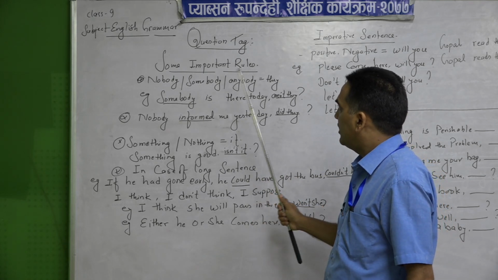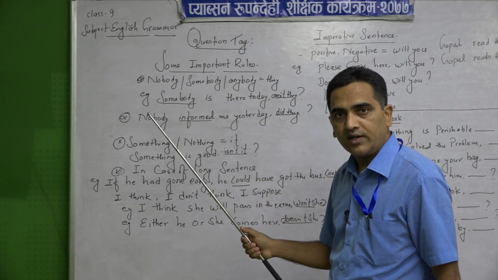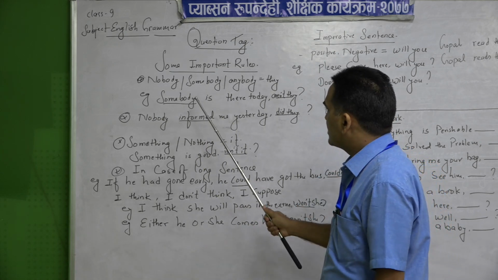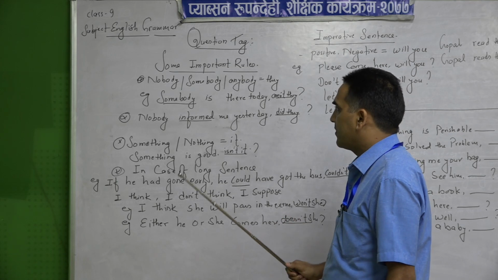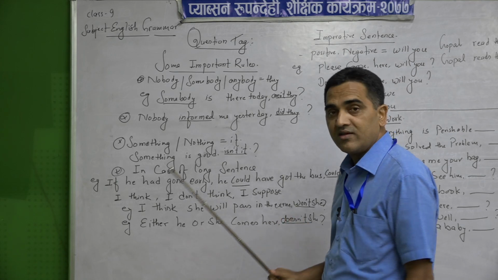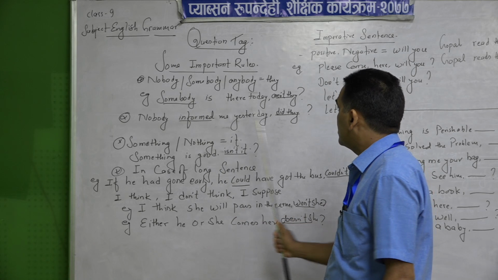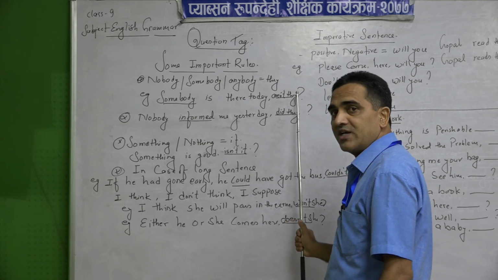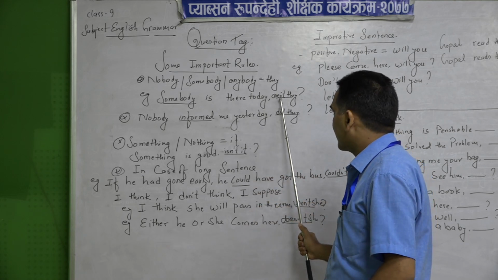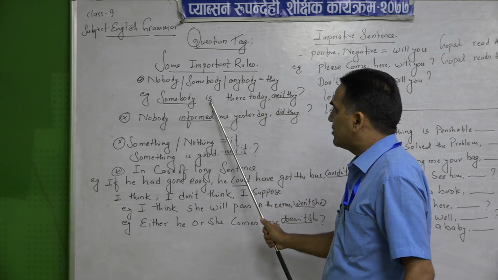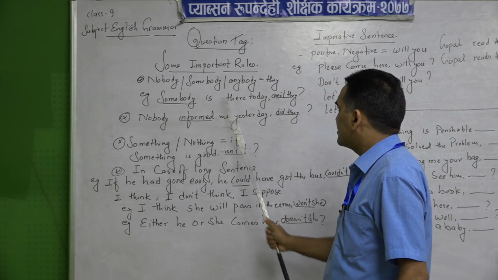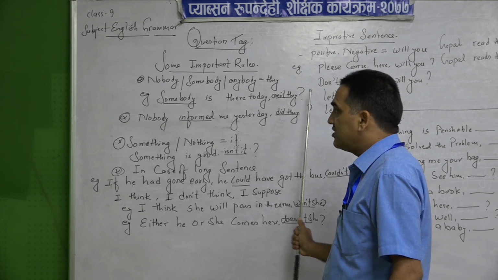For example, somebody is there today. Somebody should be changed into they, and you see the verb, and the subject should match the verb. They is plural, but is is singular. They always take are, so it is positive, that's why the tag is negative: aren't they?